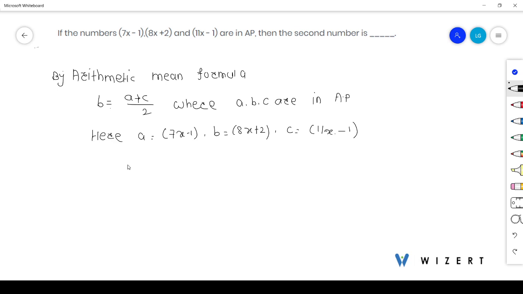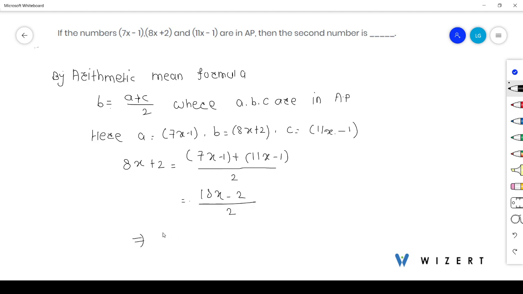So, b means 8x plus 2 equals a means 7x minus 1 plus c means 11x minus 1, divided by 2. So it is 7x plus 11x, that is 18x minus 2, divided by 2.